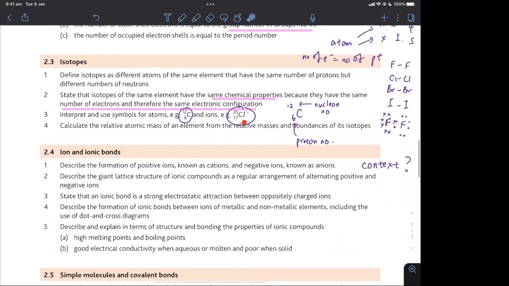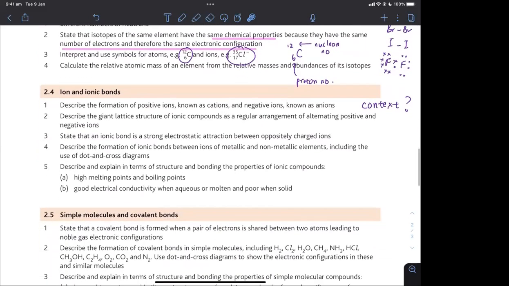Counting protons, electrons, and neutrons, I think most people are okay now because we have used those concepts to continue further onto ions and ionic bonds. If you don't understand the idea of metals losing electrons to give positive ions, let me clarify: metals are on the left side of the periodic table, and non-metals on the right side.